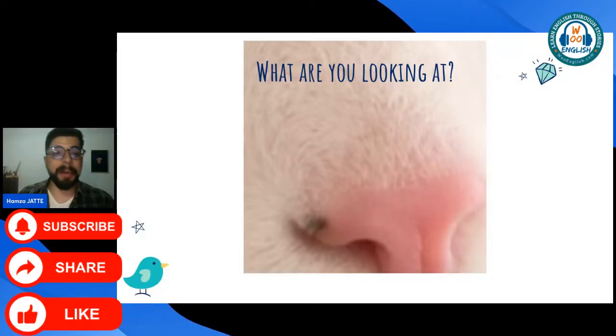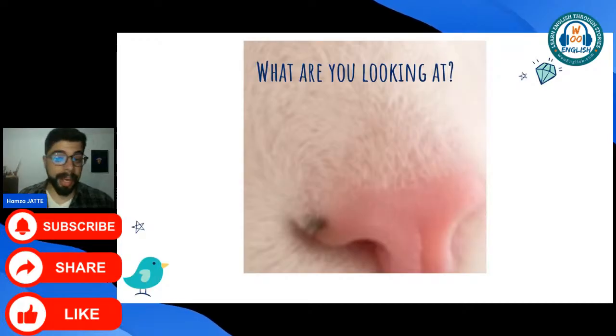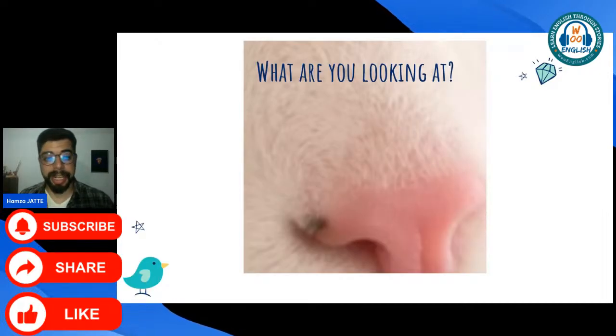This is the idea of this game. I have so far one guess, which is that this is a sheep, that we are looking at a sheep.